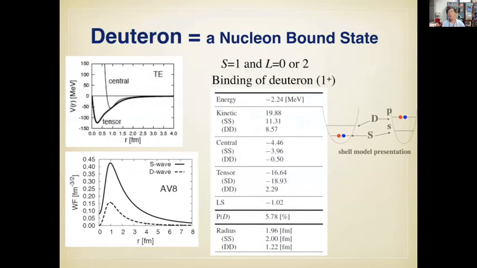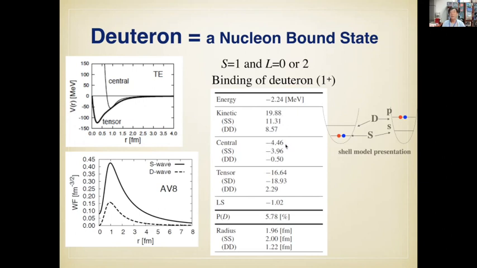Okay, you know this very well, but I have to repeat because I want to stress some points. This is the binding of the deuteron, and the interaction has pion exchange, a central interaction that has short-range repulsion, and tensor interaction. If you calculate the binding energy of the deuteron, it is separated like this. The kinetic energy, of course, is positive.